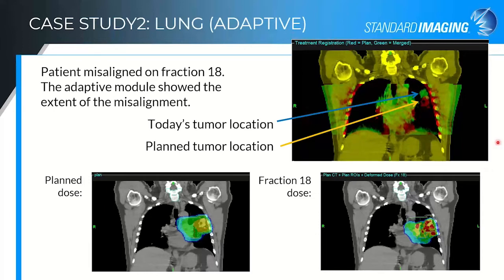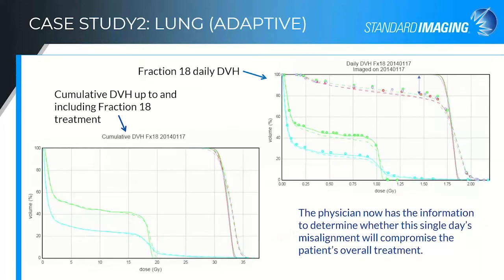And this is from one of our fraction viewers. And down at the bottom, you can see the fraction 18 dose, the deformed dose, deformed back onto the planned CT versus the planned dose. And you can see the differences here.